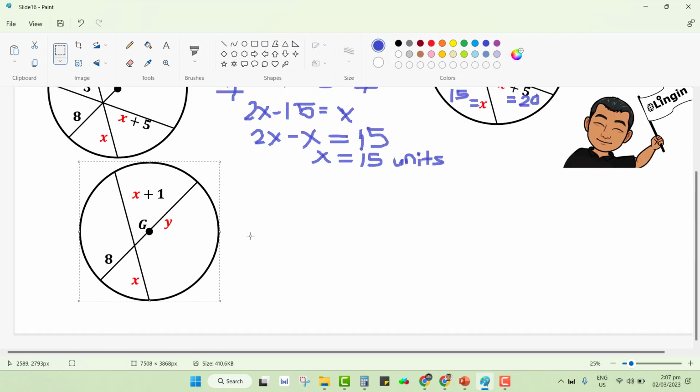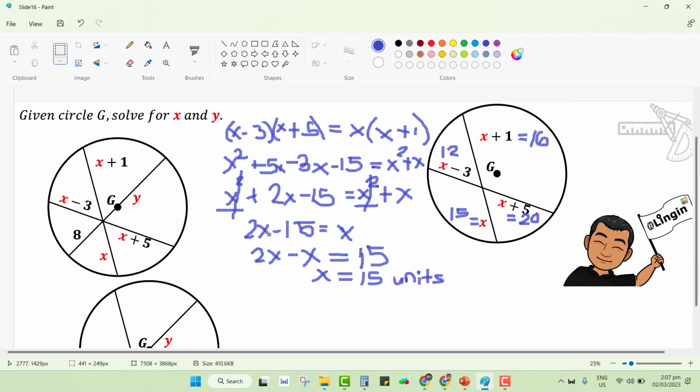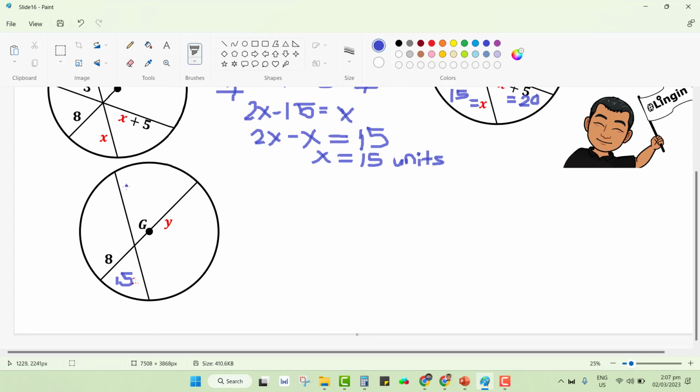In short, this is again given to us as 15. You could automatically erase this one. And you could also remove this, since it is already given as 16, so that there would be no more confusion. Okay?